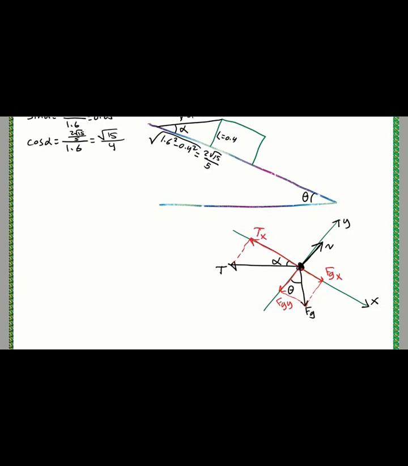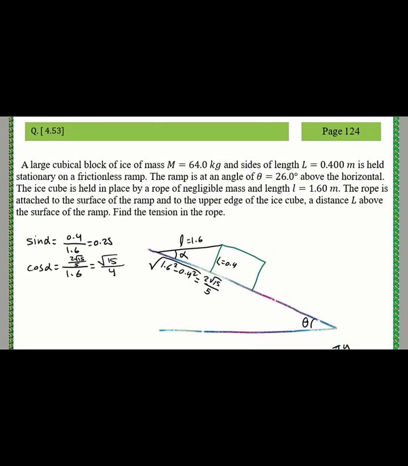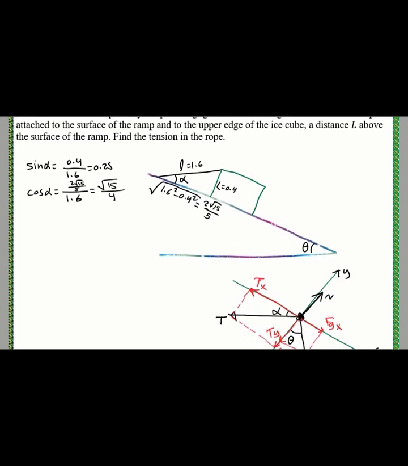This is Tx and this is Ty. Since there is no friction, we don't need to find the normal force. The question needs us to find the tension in the rope. Now immediately go to Newton's second law.